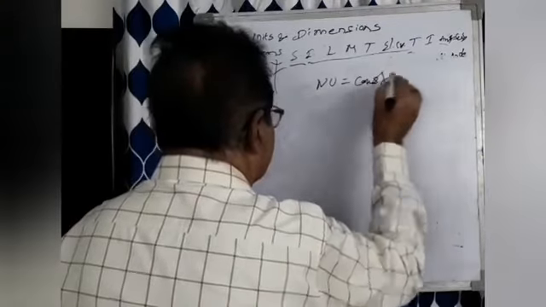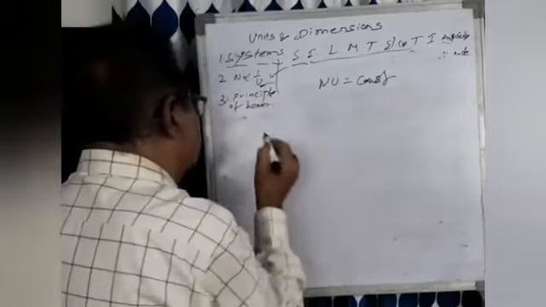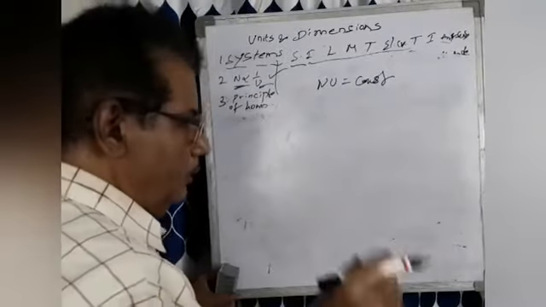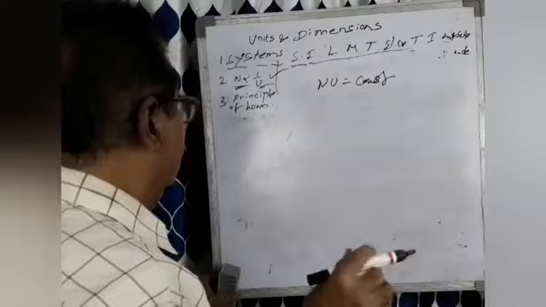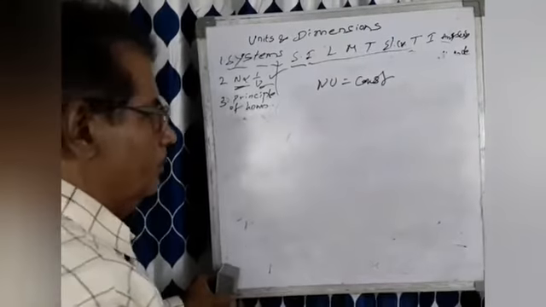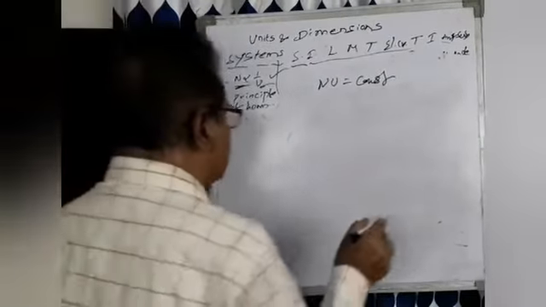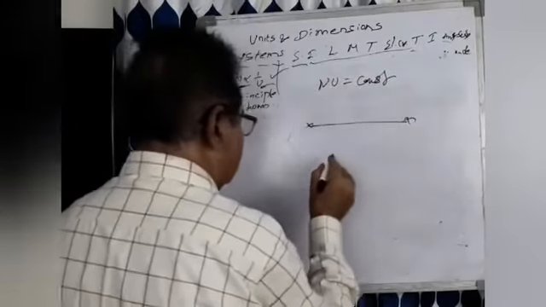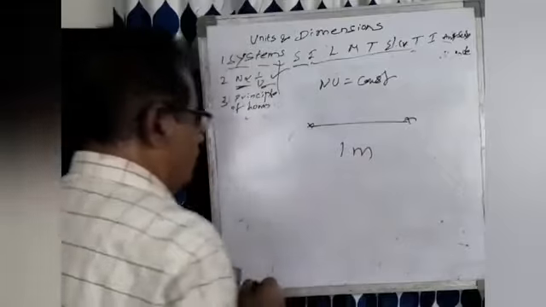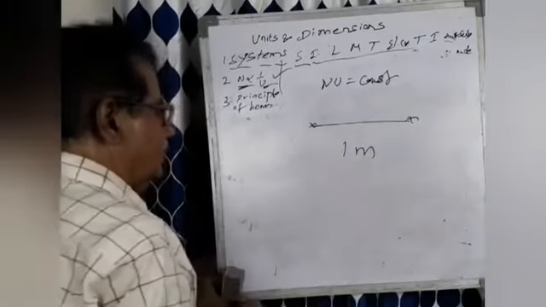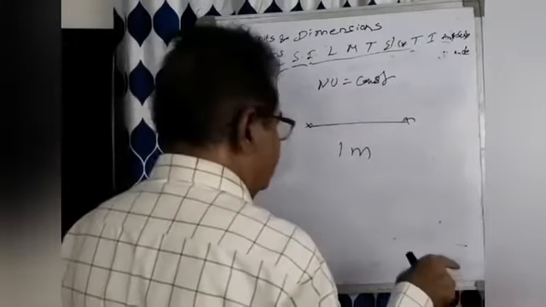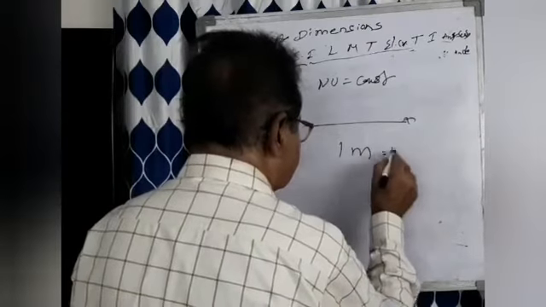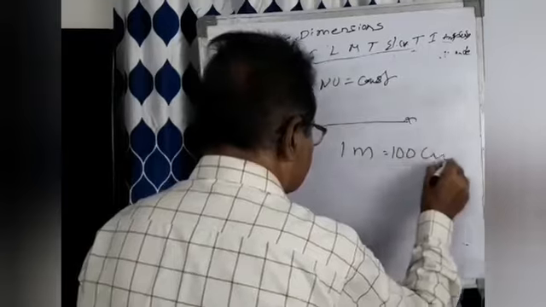What does it mean? Here u means unit, and n means the numerical value of the physical quantity. If the unit is big, the numerical value becomes small. For example, I have a particular length, say 1 meter. The meter is the unit here. If I select centimeter as the unit, this becomes 100 centimeters.